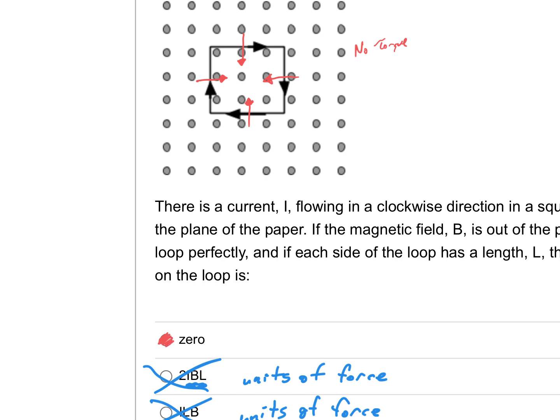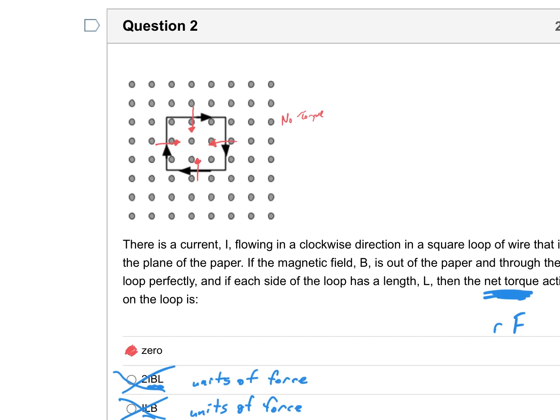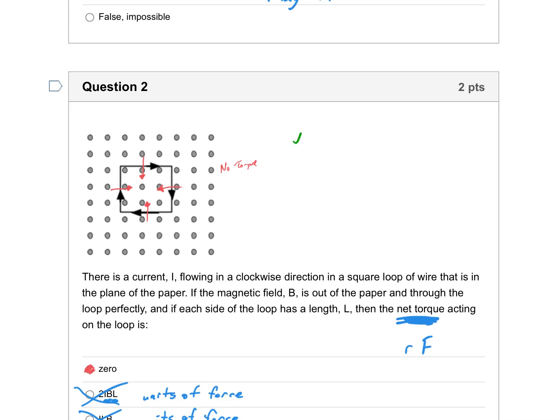Here's another way. The other way is to remember something about magnetic moments versus external magnetic fields. The loop of wire itself has current flowing like so.